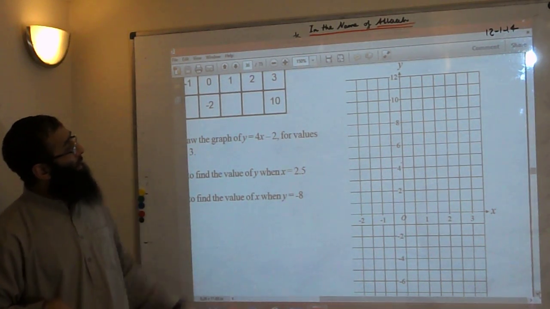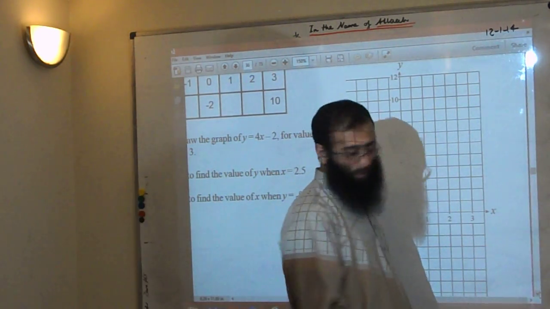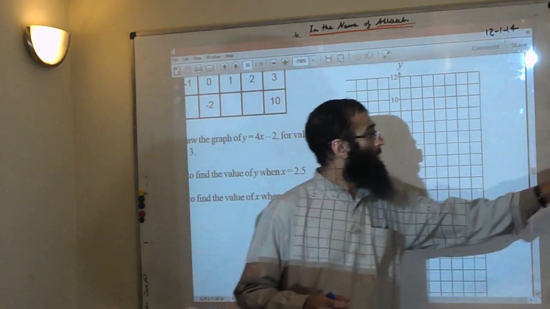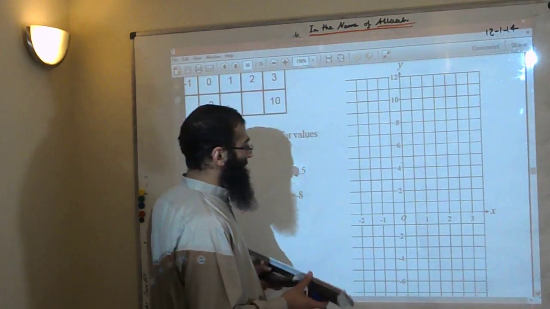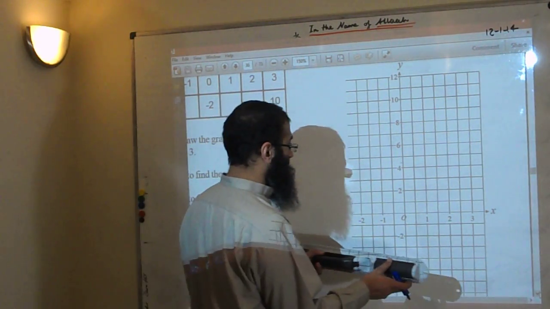So here's our graph. So what I'm going to do here now, I'm going to grab my ruler. I'm going to be using that for plotting the points. Now, at the moment, what's not too clear on this graph is where the x-axis is and where the y-axis is, because everything looks the same because of darkness level.